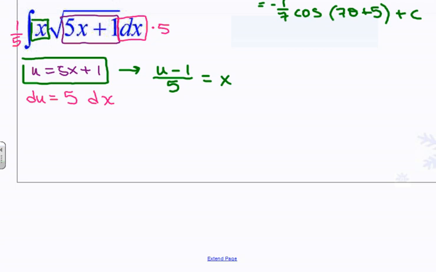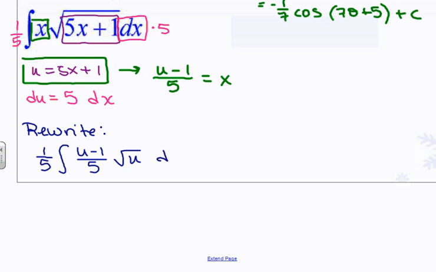Okay, so when we rewrite this problem then, we have 1/5 times the integral. In place of the x, we're going to substitute in u minus 1 over 5. And then we have the square root of u, and then du.